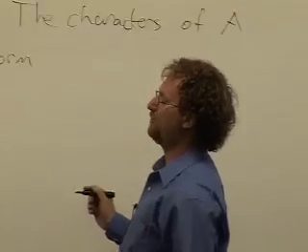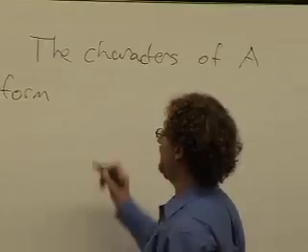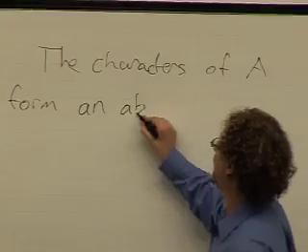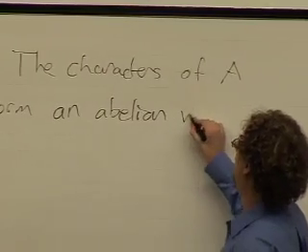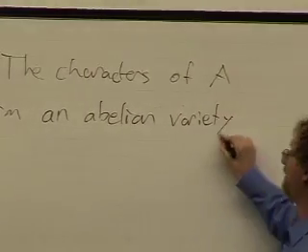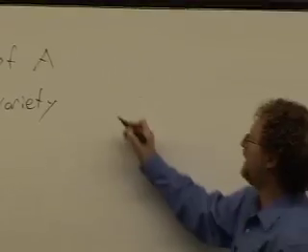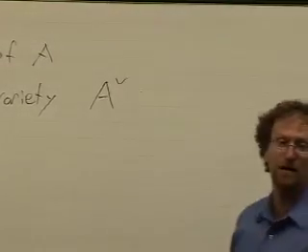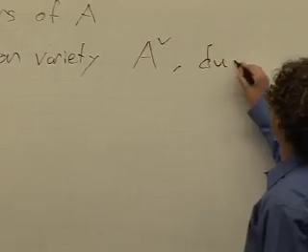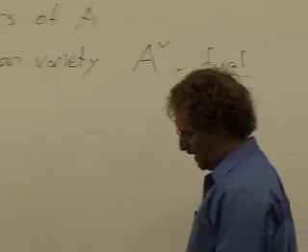So they form, in fact, an algebraic variety, which is a group, and in fact, they form an abelian variety. So not only do they form a nice set, they actually form the points of an abelian variety. And which abelian variety is it? It's the dual abelian variety, the dual of A.